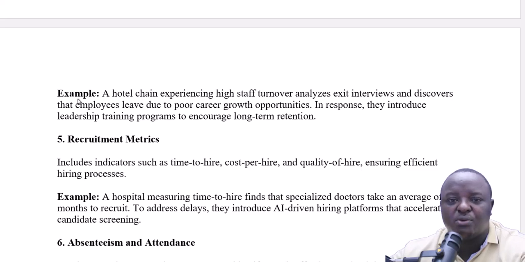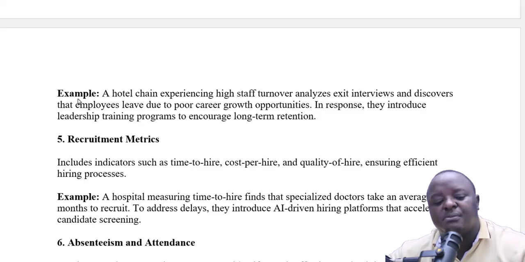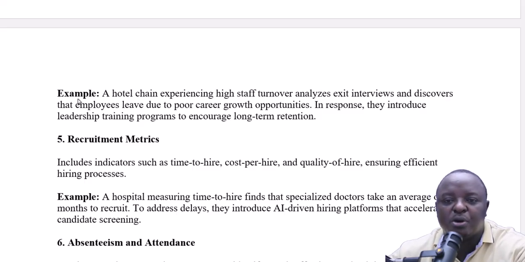Even the ones that are well trained have resigned. So you find an organization that has like 200 employees, and in a year, 50 employees have resigned. So then it calls for a cause for alarm, where you need to find out what is wrong, what is making these employees keep on resigning every time.